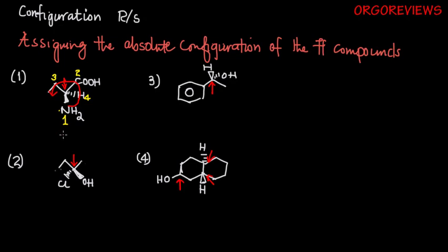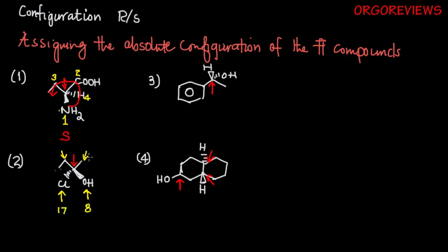Now, let's move on to the next molecule, which is right here. So here is pretty straightforward. You have chlorine, oxygen, carbon, carbon. Of this, chlorine is of course 17, oxygen is 8, carbon 6, 6. So it makes life pretty easy.